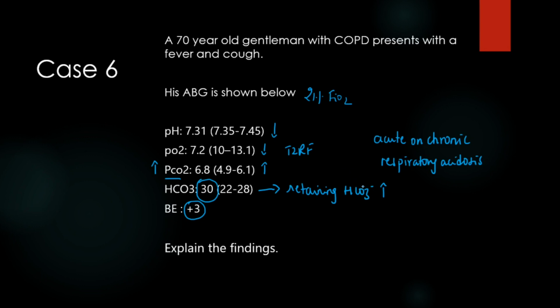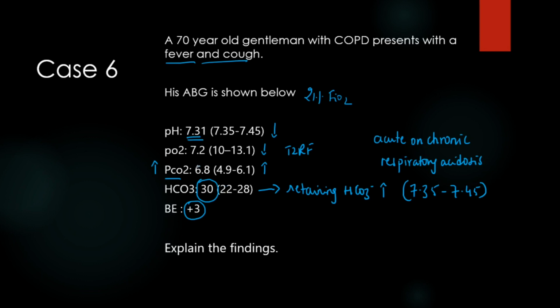So this compensatory mechanism may well have been enough to maintain the pH between 7.35 to 7.45. But the underlying fever, cough, likely infective exacerbation, or even a pneumonia has overwhelmed the physiology, and therefore this bicarbonate level is still not sufficient to counteract the reducing pH and the acidemia which ensues.